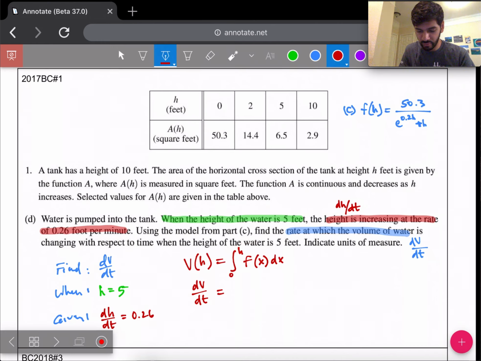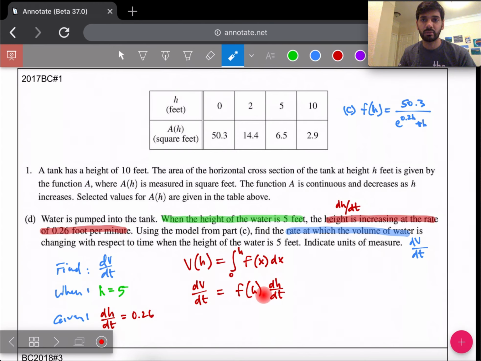So the derivative here would end up being f of h. But since I'm taking the derivative with respect to t, I need to add a dh dt over here, because whenever I use the second fundamental theorem of calculus and I drop this bound into here, I need to multiply by the derivative of the bound. So that's why I did dh dt.